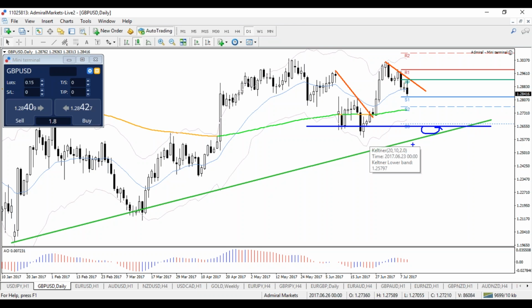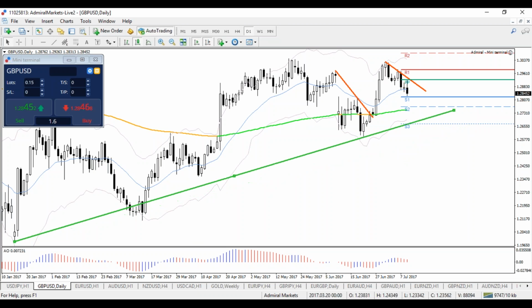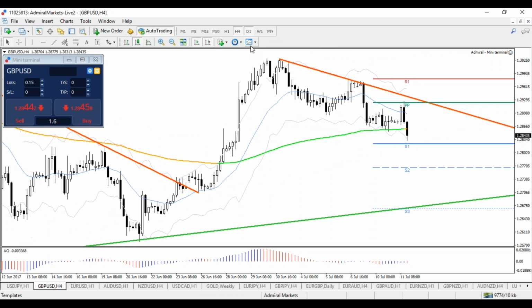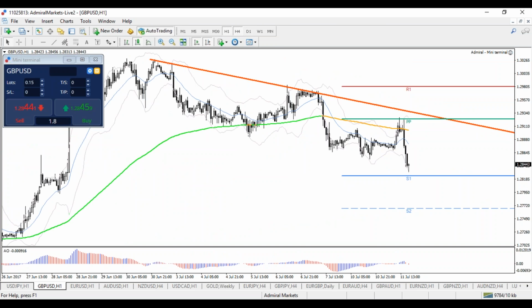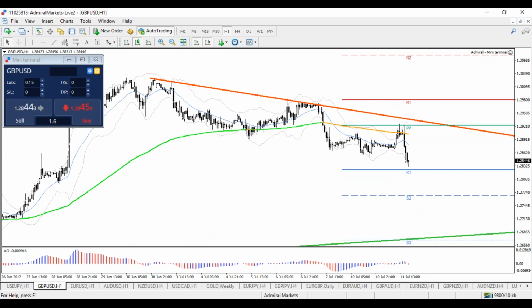Maybe this one, although there's a bit of an overthrow here. So from this perspective, looking bearish, but I would not trade it right now at this moment, at least not myself.